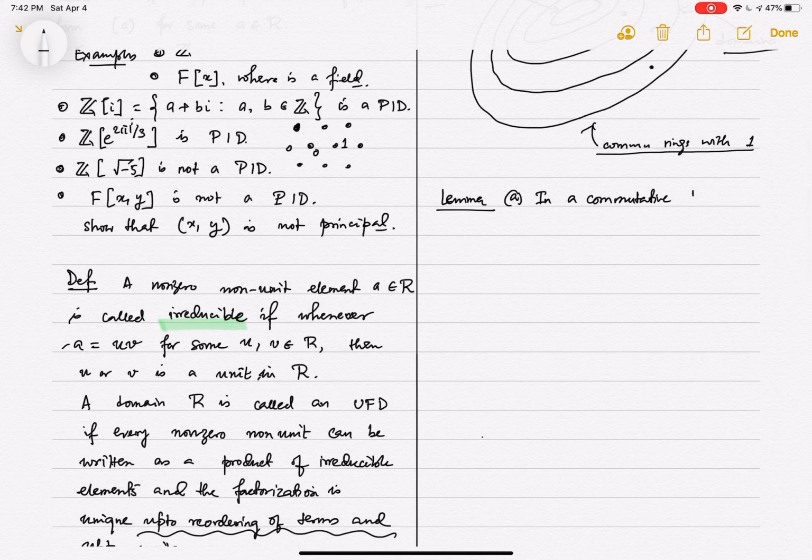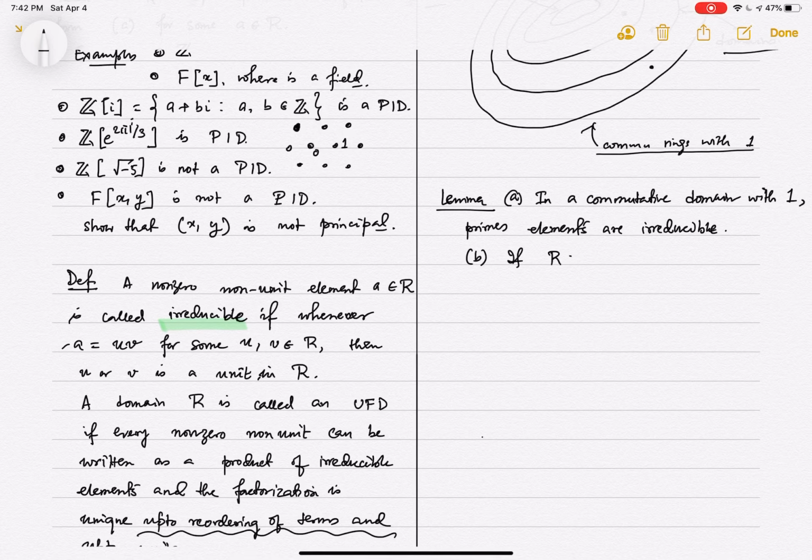In a commutative domain, prime elements are always irreducible. This holds in any commutative domain, with 1 of course. And if you're in a PID, then the converse holds.